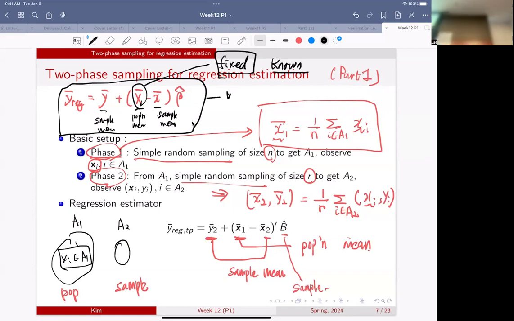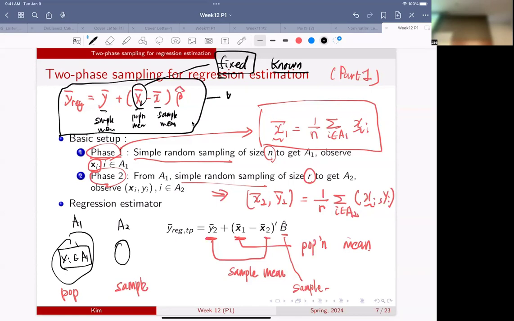But now in the two-phase context, this is an estimated one. This is a random variable. Everything is random, but the level of randomness is different, because this guy is random but has a larger sample size than this one. So we actually have two levels of randomness, right?